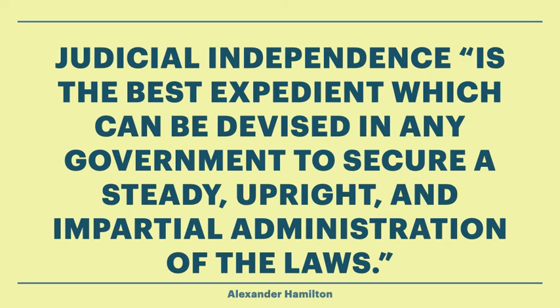Judicial independence, Alexander Hamilton said, is the best expedient which can be devised in any government to secure a steady, upright, and impartial administration of the laws. This is taken from one of the Federalist Papers, and it was his argument for why there needed to be a third branch of our government, the judicial branch. He said they need independence. And we talked, if you remember, way back in the beginning about these checks and balances that our branches of government have on each other.